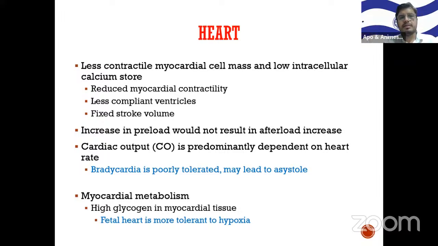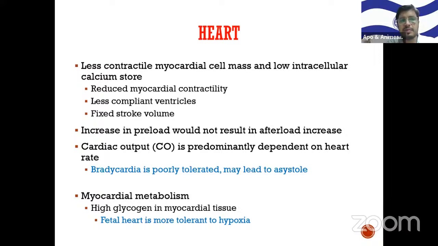Since the myocardium cannot stretch more, the stroke volume is quite fixed. So even if we increase the preload or the end diastolic volume, we cannot increase the stroke volume significantly. So the cardiac output is predominantly dependent on heart rate.